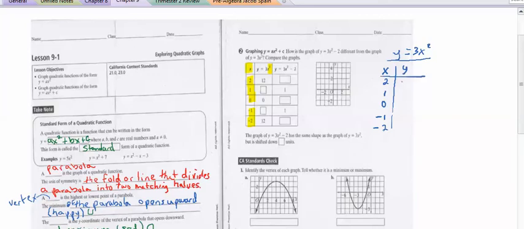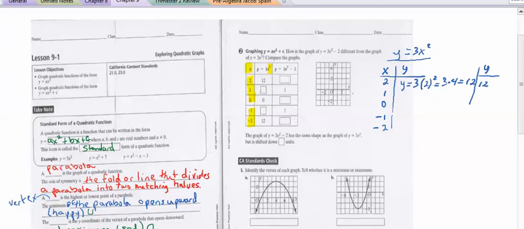So y equals 3 times 2 squared, which is 3 times 4, because 2 times 2 is 4, which is 12. So that's our y value, 12, and that's where that 12 came from.